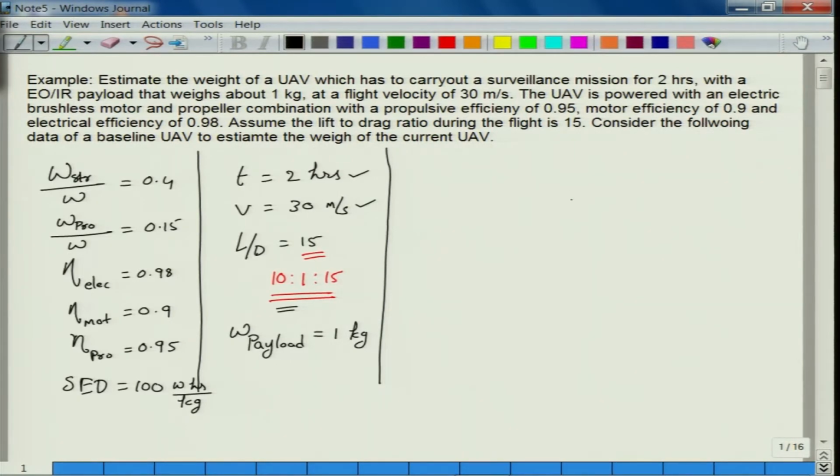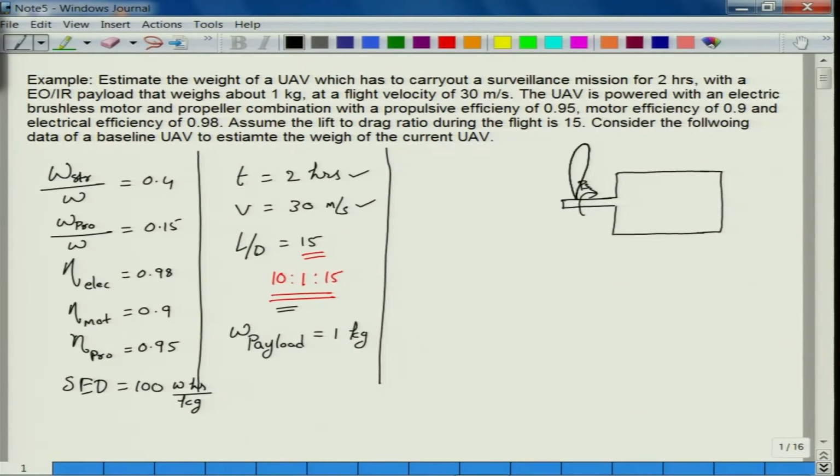Now, let us look at the typical architecture of this brushless motor propulsion. Similar to an IC engine, we have shaft power as an output from a brushless motor. Let us assume this is my brushless motor. The output from this brushless motor is shaft power PS.